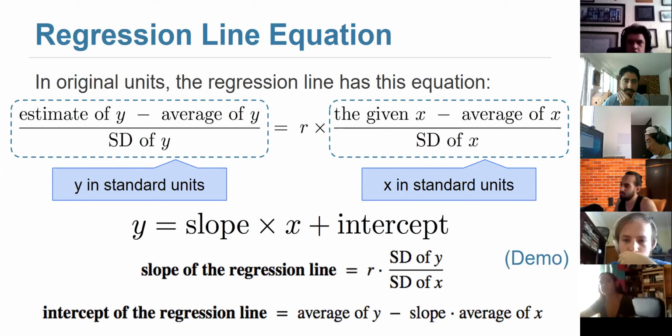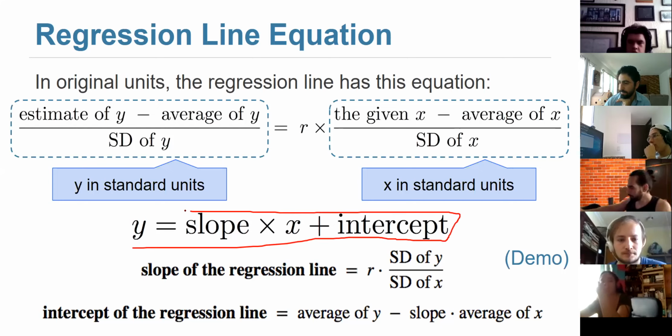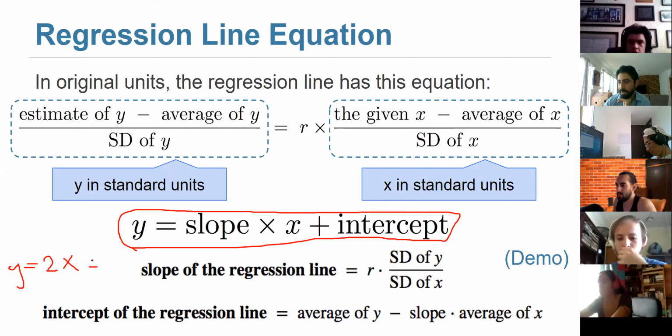If you pay attention, this is your linear equation, okay? Like, for example, Y equals 2x plus 3. This is my linear equation. This is the same thing we are doing here. This 2 would be your slope, and 3 would be your intercept.